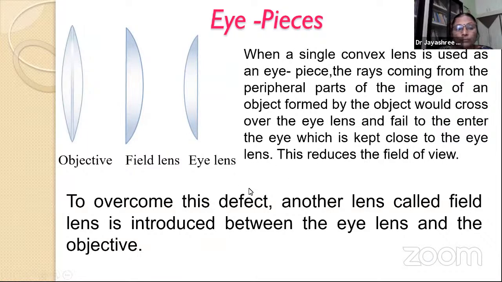So we have to overcome this defect by keeping a field lens between the eye lens and the objective. There are two types of eyepieces: one is the Ramsden, and the second one is the Huygens eyepiece.